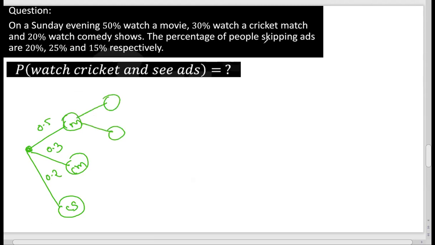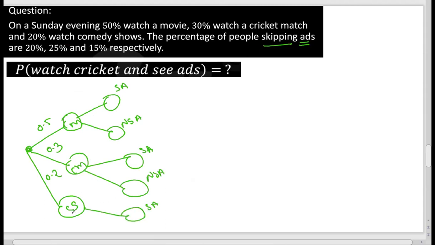What two? Skipping the ads means one can skip ad, one cannot skip ad. Okay, while watching the movie. For here also skipping ad and not skipping ad, and for this also skipping ad and the last is not skipping ad.